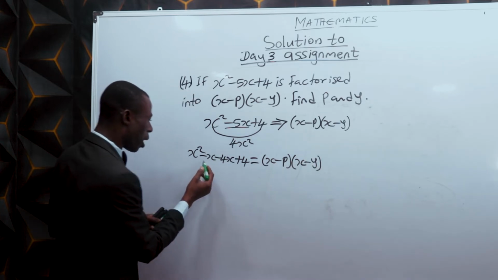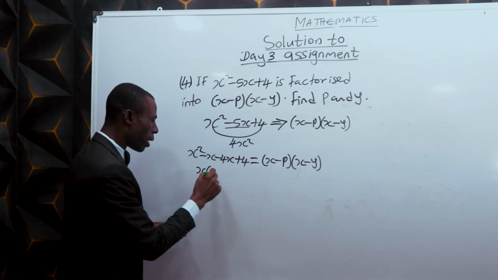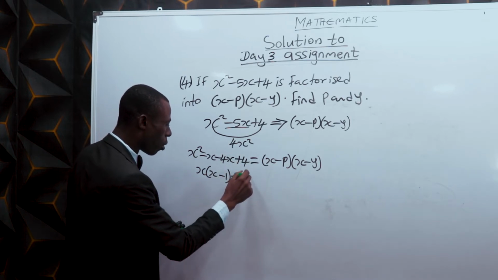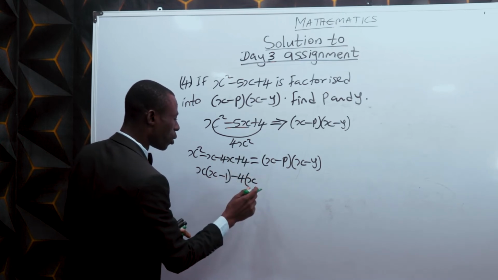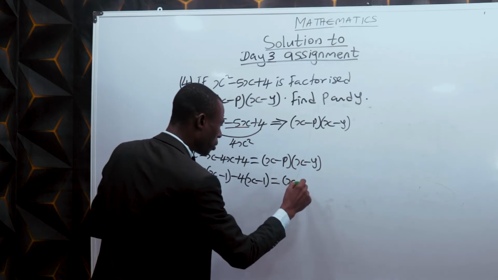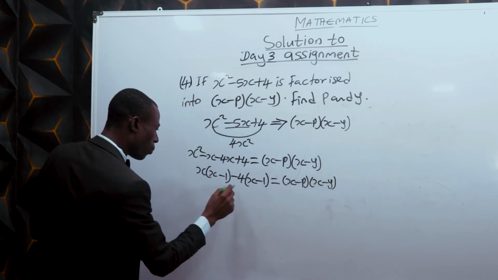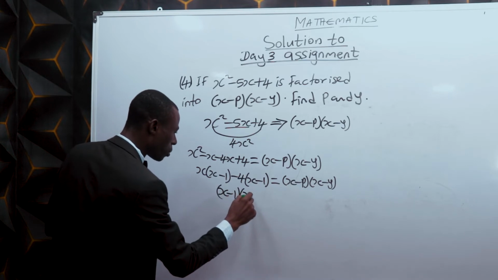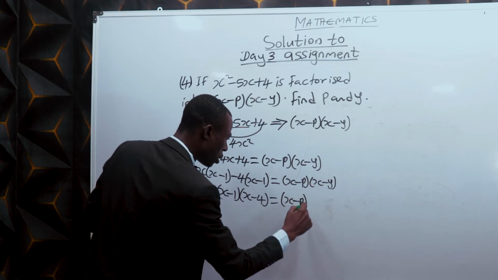So factorizing this now properly, between these two terms, what is common? x. You have x into x minus 1. What is common here? Minus 4. Minus 4 in minus 4x is x. Minus 4 to divide plus 4 is minus 1. We continue, equals x minus p into x minus y. So factorizing this, we have x minus 1 into x minus 4, which is equal to x minus p into x minus y.